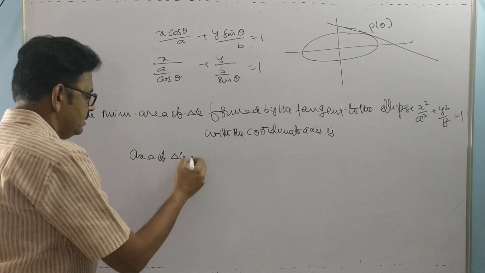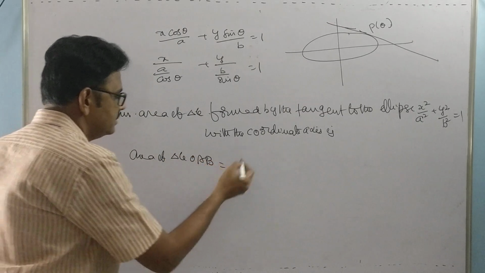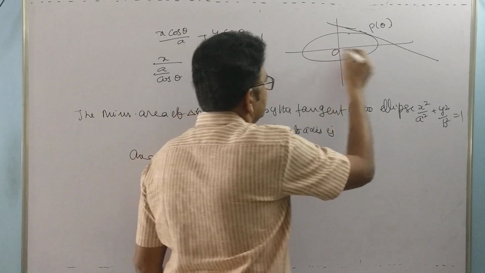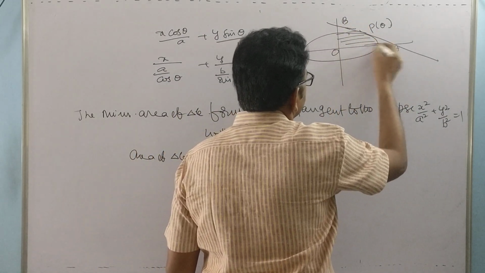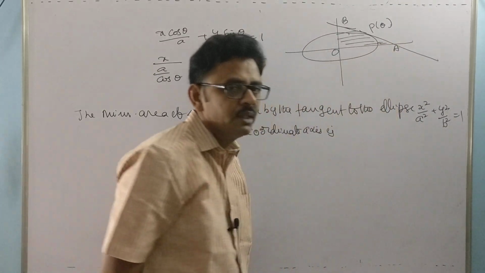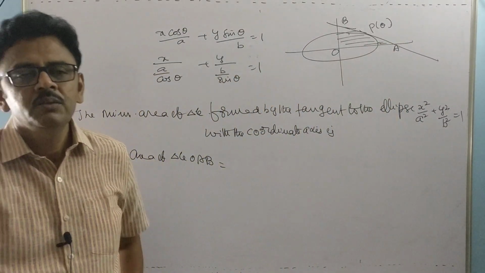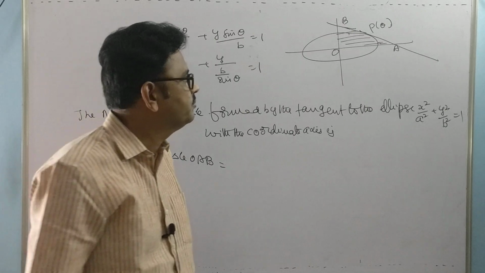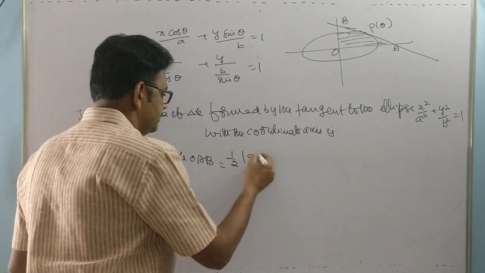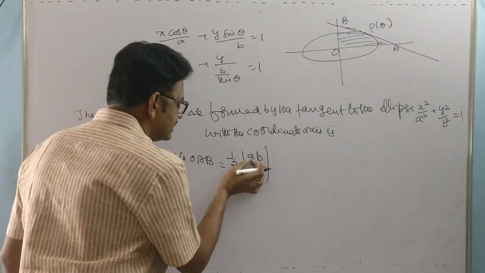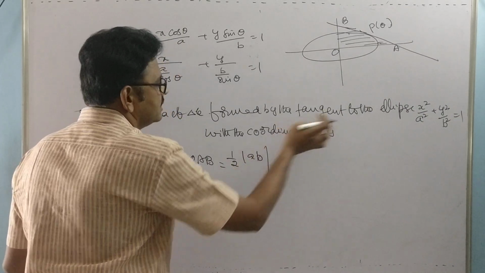Area of triangle OAB, where O is the origin and this is A, this is B. The area of the triangle formed by the line x by A plus y by B equal to 1 with the coordinate axis is half mod AB, where A is the x-intercept and B is the y-intercept, not this a and b.